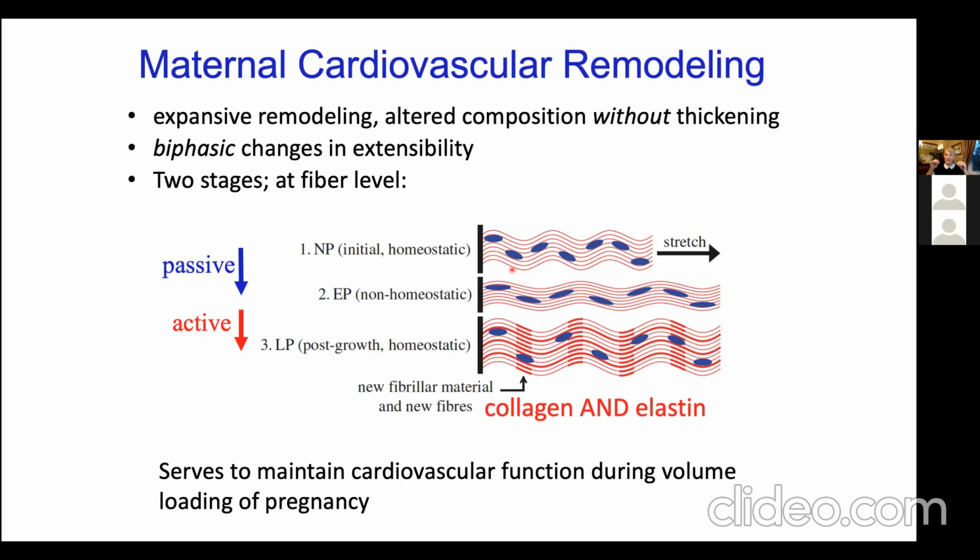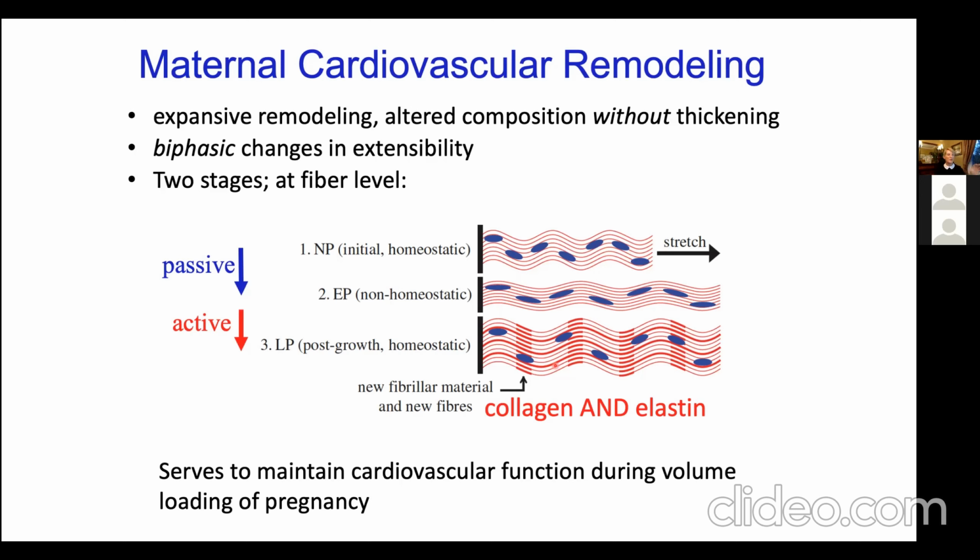And that straightening out pulls on those cells and triggers those cells to turn on their remodeling machinery. And those cells synthesize more collagen or more elastin and remodel the structure throughout the tissue, adding more collagen and more elastin to make the tissue larger, but also changing the proportions and their interconnections.